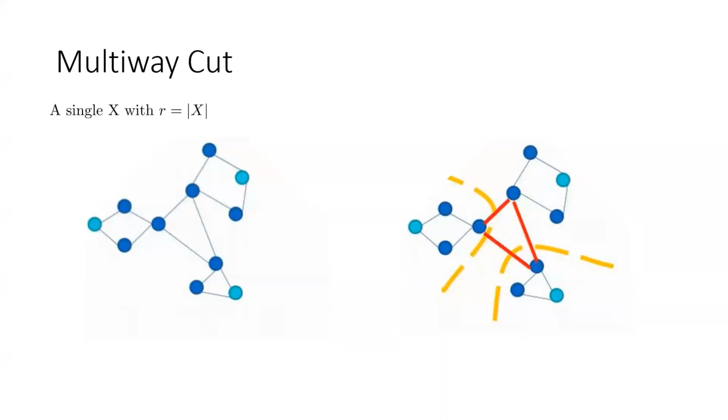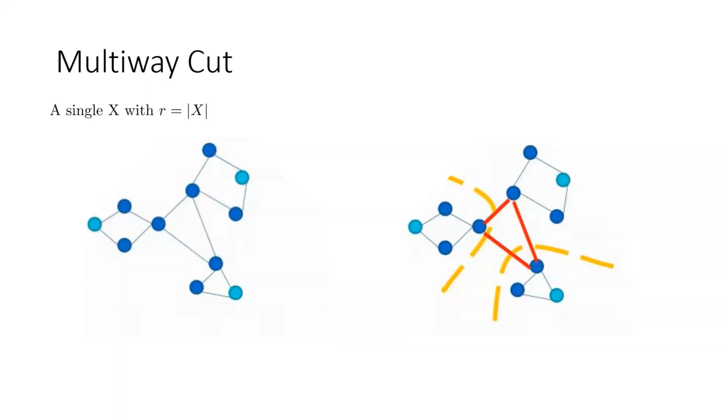Another problem that is a special case of the requirement cut problem is the multi-way cut. In this problem, we receive a graph that has k special vertices called terminals. As we can see in the image to the left, the regular vertices are blue and the terminals are light blue.